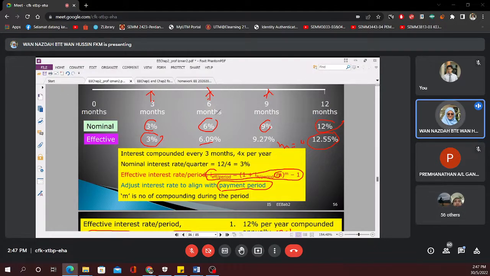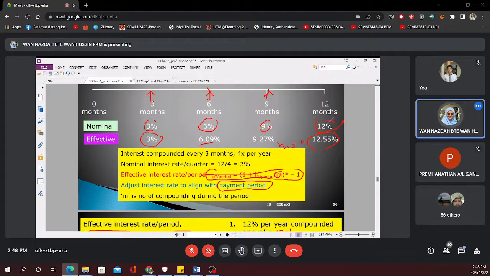Kalau I nominal ni bermakna 12% tu, kita bahagi sajalah dengan 4 tadi. So you will get 3% at the end of month 3 and add up another 3% from month 3 to month 6 jadi 6 macam ni.